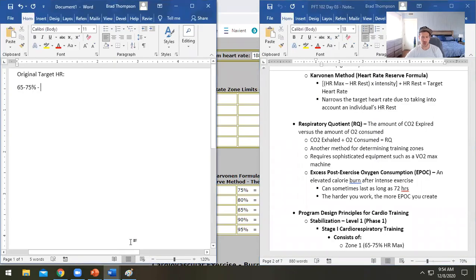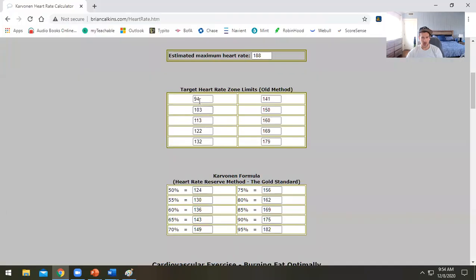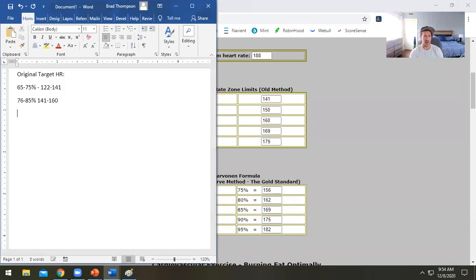Then 76 to 85% would be 141 to 160, and 86 to 95% would be 160 to 179, right? That's not bad. That's my zone 1, my zone 2, and my zone 3.